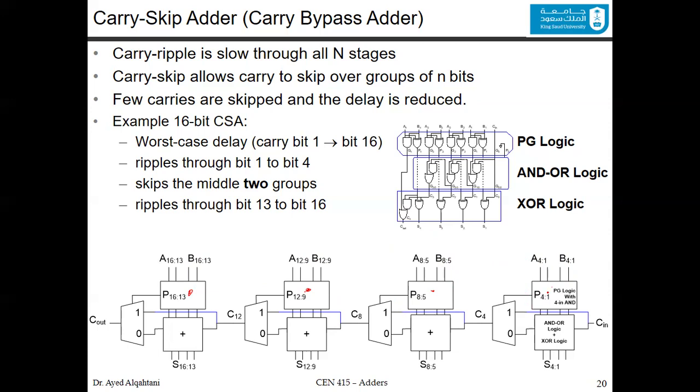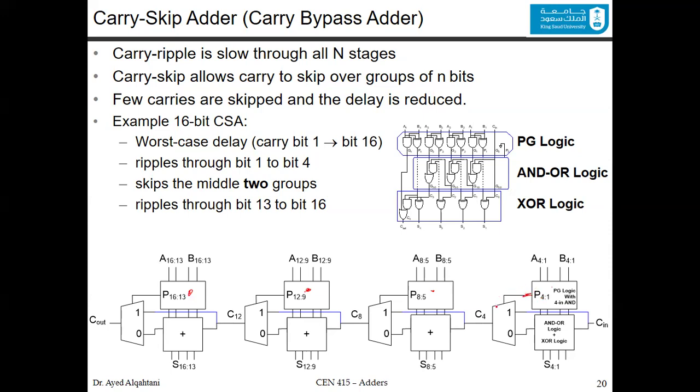So you have actually the propagation signal from 1 to 4 coming from this box, which is basically a 4-input AND circuit. So you take P1, P2, P3, and P4, and you put them as inputs for the 4-input AND gate to get the output.